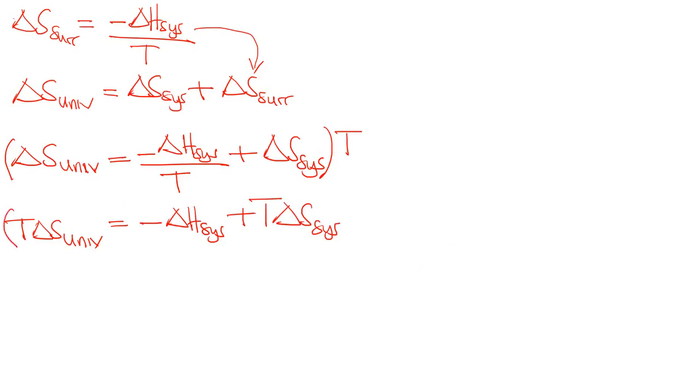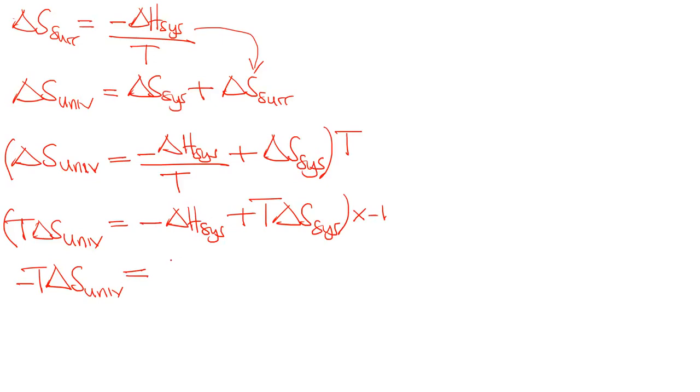Then I'll say, let me multiply everything by -1. So multiply the whole bracket here by -1. I am going to have negative T delta S universe is equal to, the negative here will cancel with this negative.